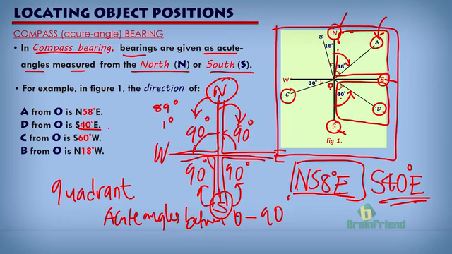Let's try another. We have an object C, and you've been asked to find or locate the direction of our object from O. Remember again, our quadrant is one where the south is holding sway. So again, our measurement will be from the southern pole.